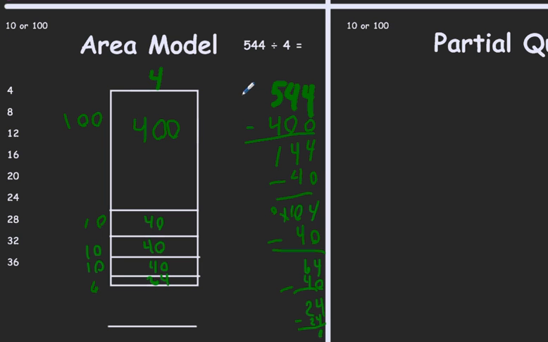I do not have a remainder, and so now all I have to do is add all of my partial quotients to the side here and find out what my full quotient is. 0 plus 0 plus 0 plus 6 is 6. 1 plus 1 plus 1 is 3. And 1 plus nothing else is 1. So 136 would be my quotient.